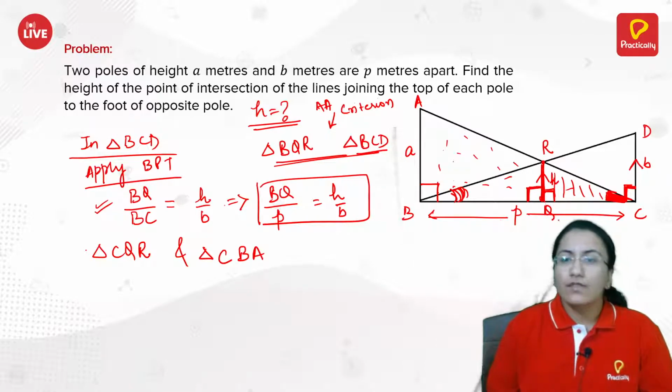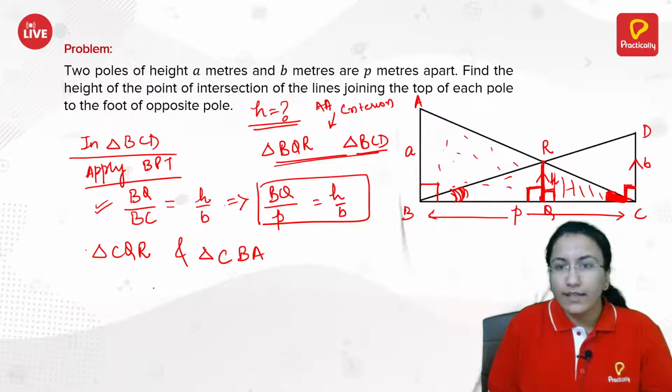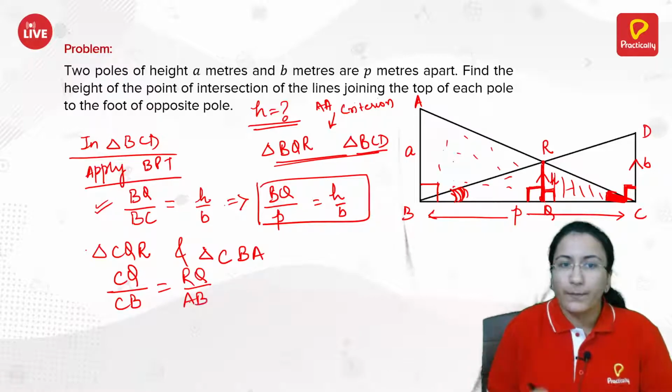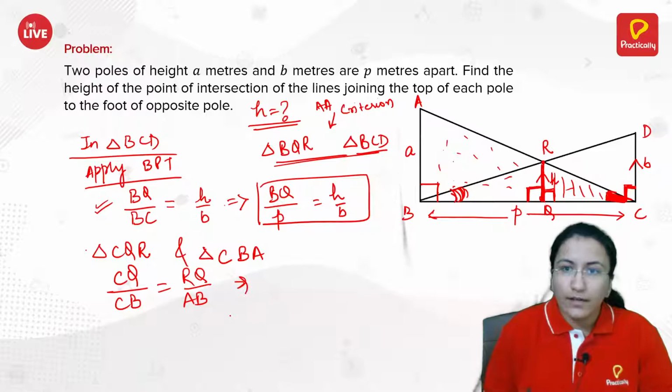Okay, so if these two triangles are similar, you can say that CQ by CB is equal to RQ by AB, right? So just write the values of each. CQ can be written as it is.